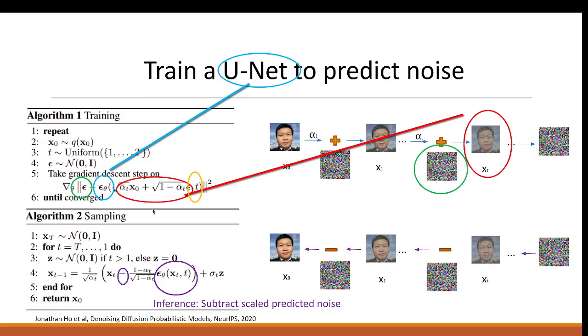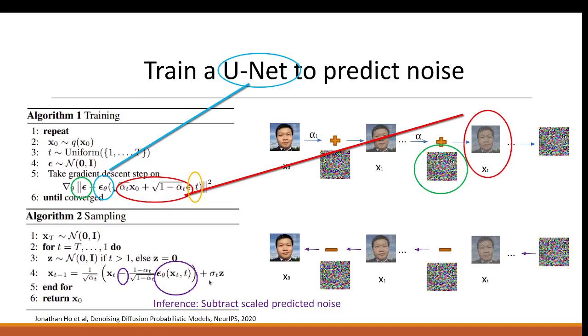We do some scaling, and then we subtract. If you compare these two equations, this one is to add the noise, and this one you just subtract the noise. The derivation uses some Bayesian math, but roughly you can see that this one is a plus, this one is a minus, and there's some different scaling. There's also this term to add the noise.